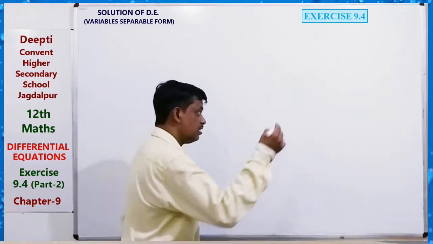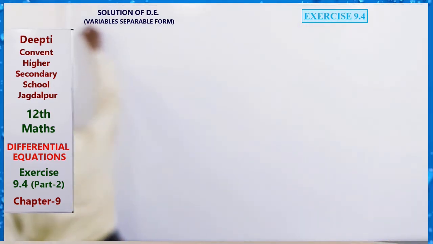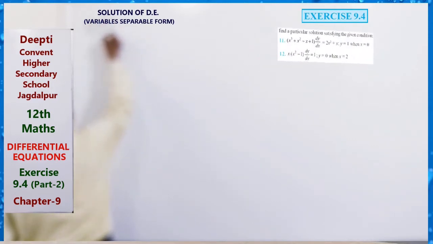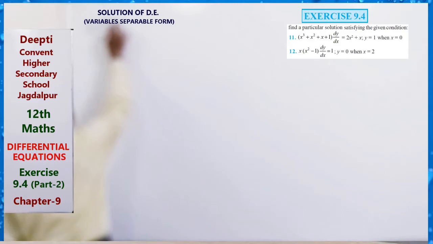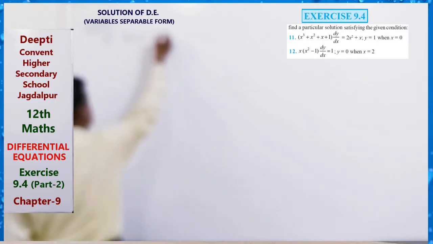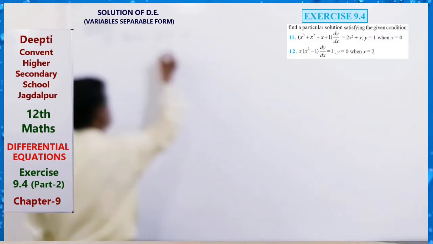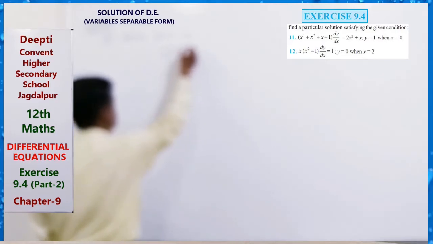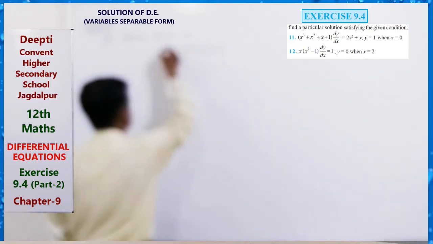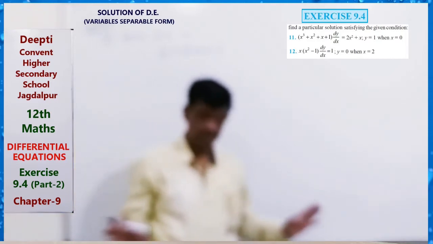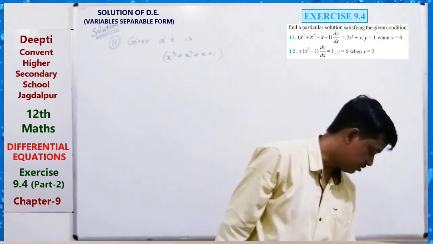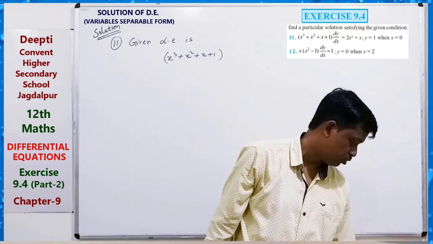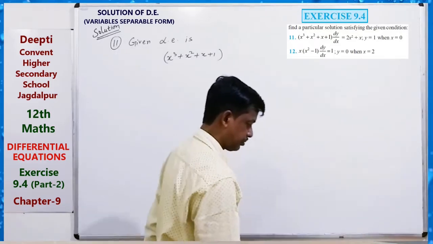So here, take the solution. Question 11. The given differential equation is (x cube plus x square plus x plus 1) dy upon dx equals 2x square plus x.